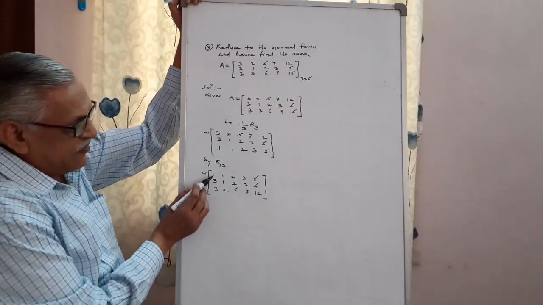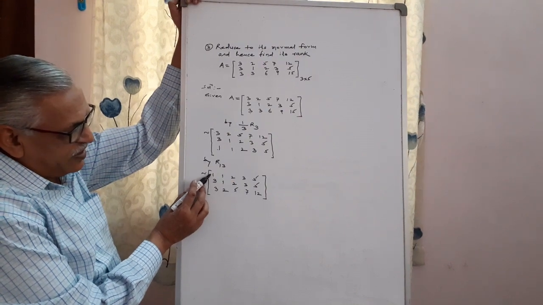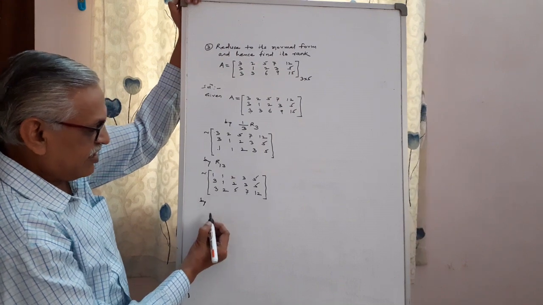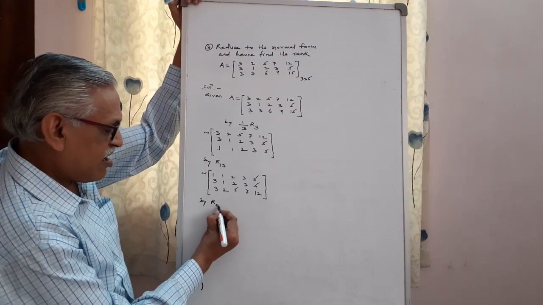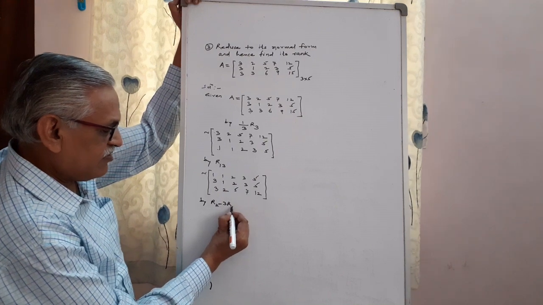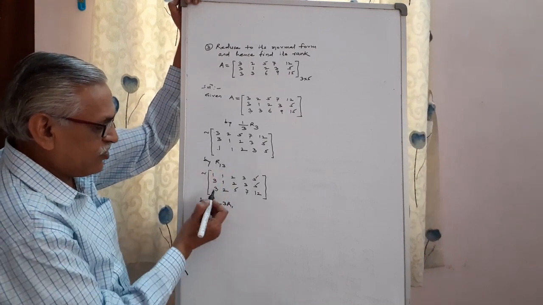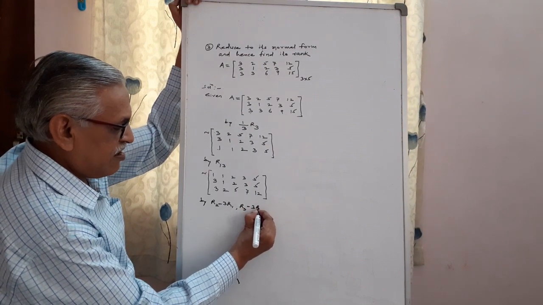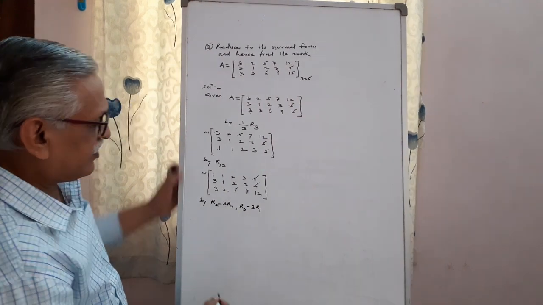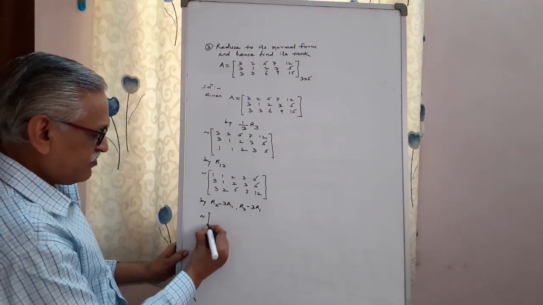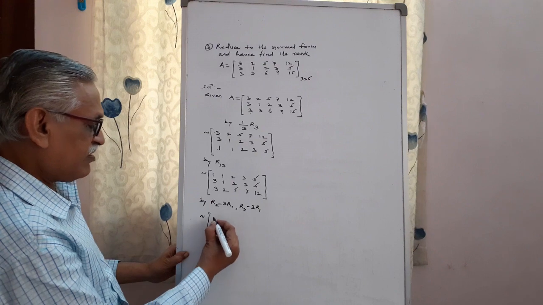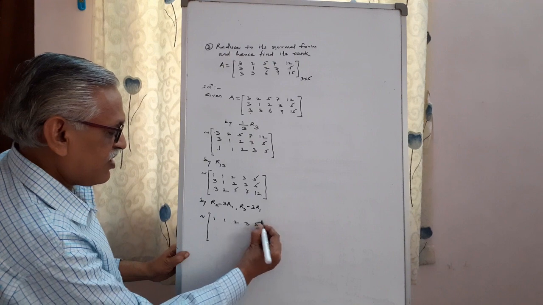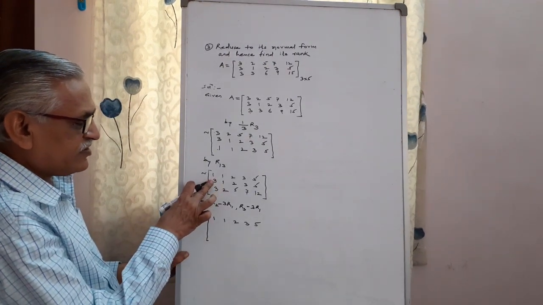Okay. After having this one here, use this one to make it 0 by applying the transformation R2 minus 3R1, means 3 minus 3 we get 0 here, and for this also R3 minus 3 times R1. Applying these two we get first row no change, 1 1 2 3 5. Find the changes in second and third.